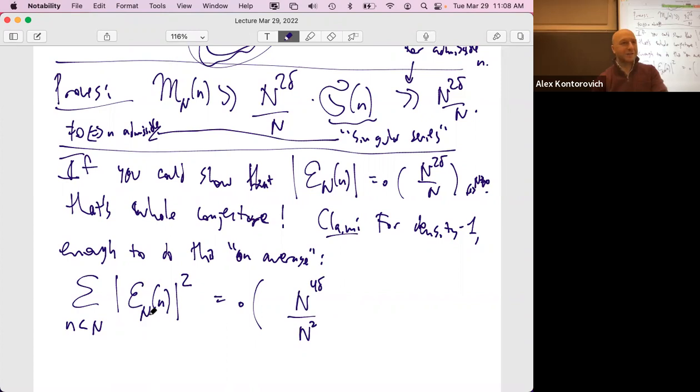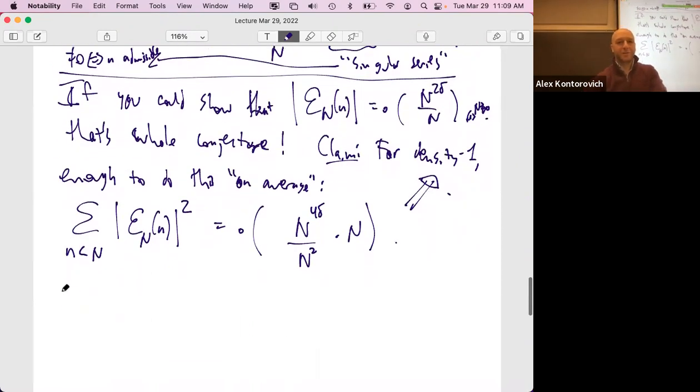That's each one times n. If I can get a bound that's little o of this, I claim that will give us density 1. Let's just see that argument for a second. This implies density 1.